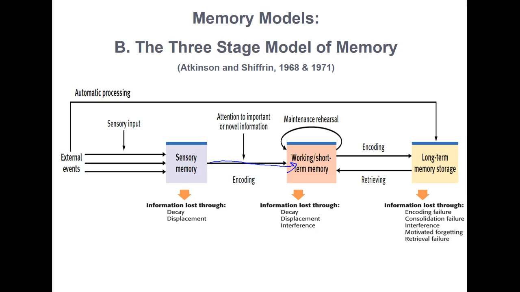That number varies depending on what kind of memory books you're reading, but it doesn't last very long. But if you rehearse it or repeat it over and over, or you think of it in some unique way, then you're working with that information cognitively. And when you do that, that information can eventually get to long-term memory, where it could be stored potentially for a lifetime.